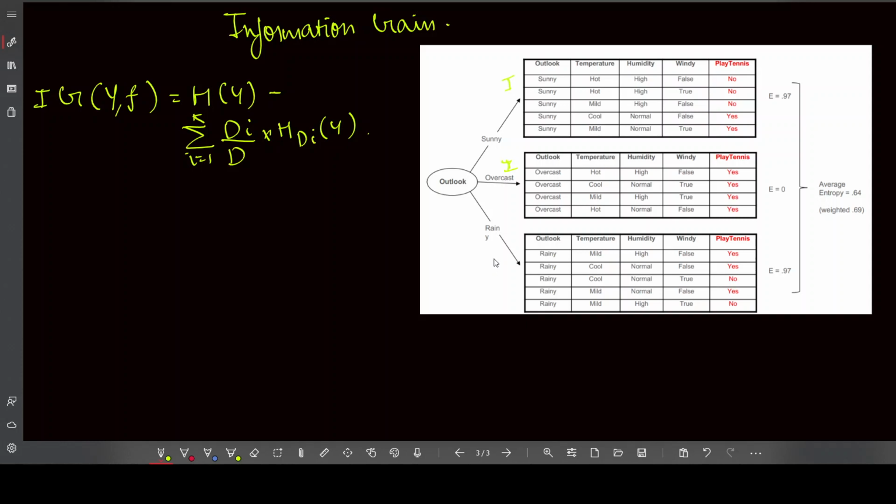Okay, so what this formula, sigma i equals 1 to k, D_i upon D into H(D_i, y), says is that D_i is basically the number of data points you have in each data set.